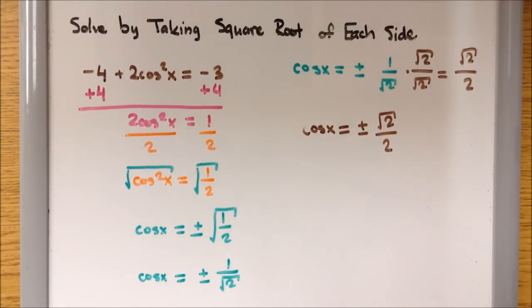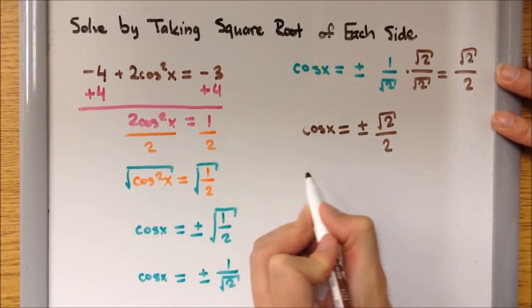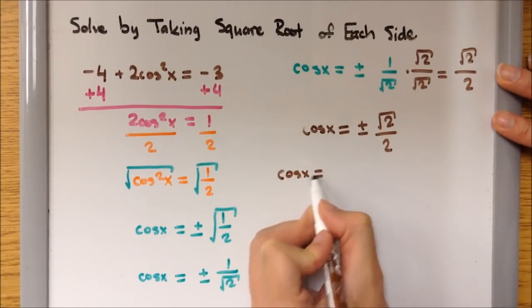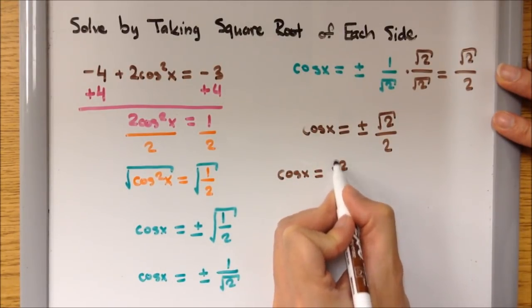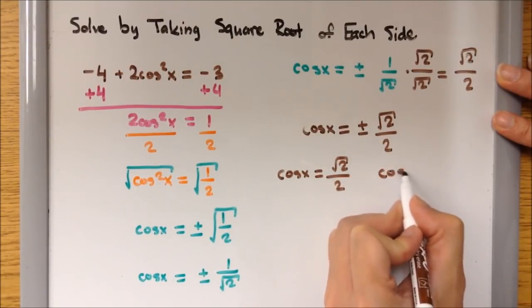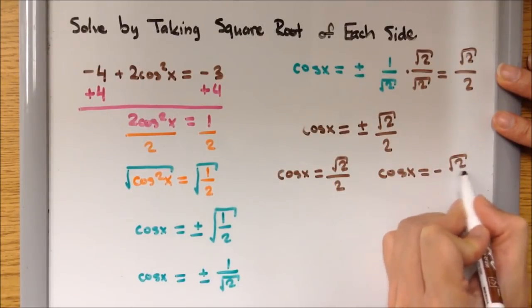Alright, so again I'm gonna write it separately, one for positive and one for negative. So this one will be positive square root of 2 over 2, and then the other one will equal negative square root of 2 over 2.